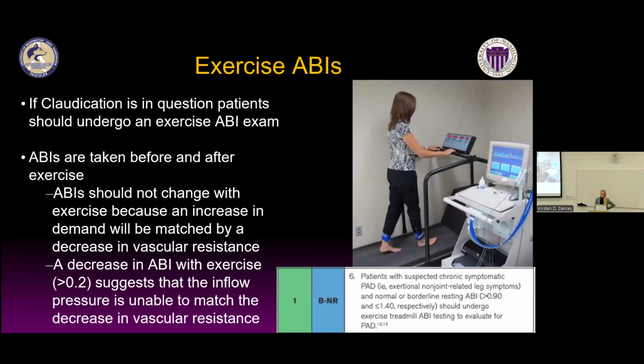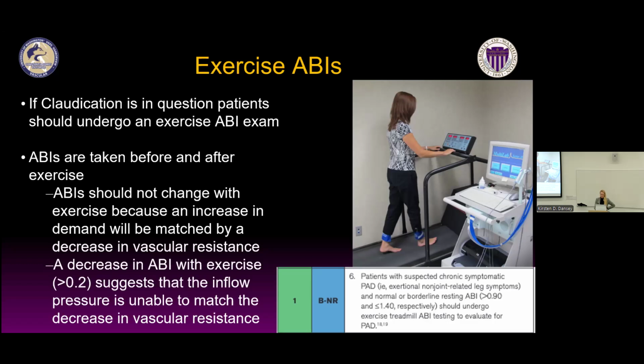In the scenario where a patient's symptoms are highly suspicious for claudication, but resting ABIs are normal, you can get an exercise ABI, and this can be used to assess the severity of PAD. Essentially you perform an ABI at rest and then have the patient walk until they can't walk any further, or 5 minutes at an incline on a treadmill.